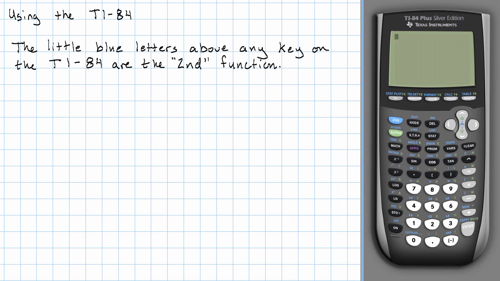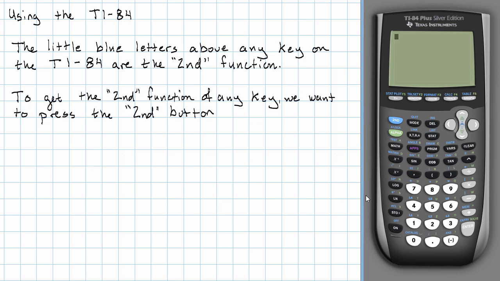And to get the second function of any key, we want to press the second button, which is this blue button in the upper left-hand corner of the calculator. So to turn the calculator off, we press the blue button and then the on key again.